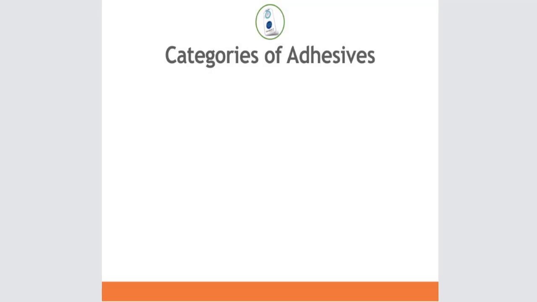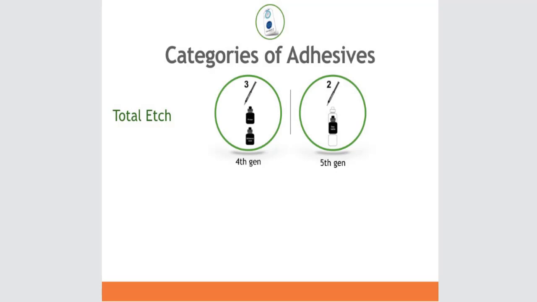And again, I'm going extremely quickly, so if you need to get a hold of me, I'm more than happy to answer more questions. So the categories of adhesives, and I want you to think about the categories of adhesives that you're using. We have a total etch, and the way that these adhesives are described by some people, they either use the generation moniker or they use the parts moniker. So in this case, we've got total etch. That means we have to apply an etchant.